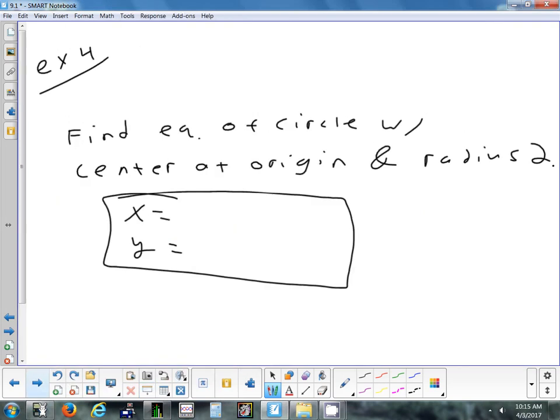So what would be the equations for a circle centered at the origin with a radius of 2? Let's start with the x equation. Anyone think they know what the x equation would be for a circle with radius 2?